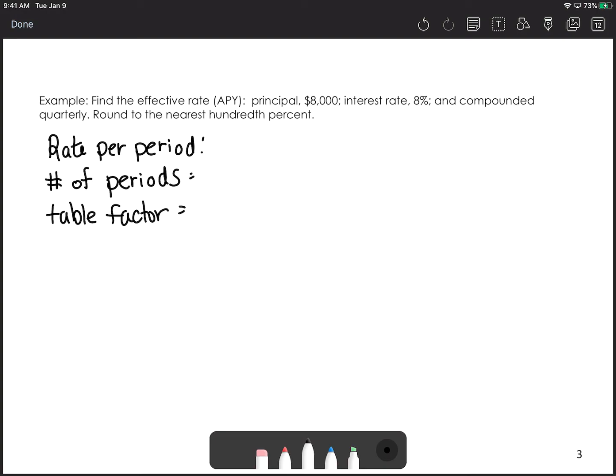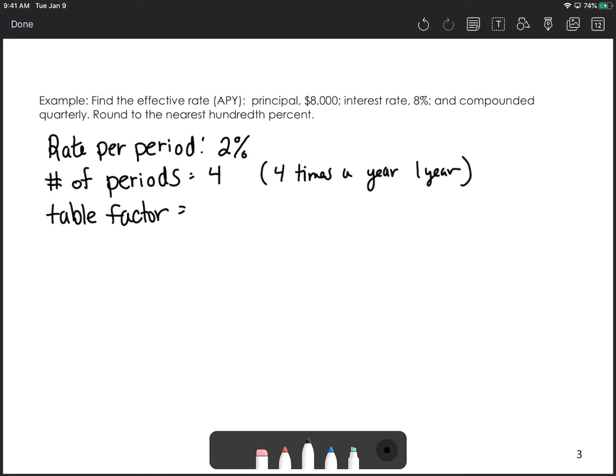Okay, so since it's 8% and it's compounded quarterly, we're going to take 8% and divide it by 4. So our rate per period is 2%. Now, since we're only doing this for 1 year, if we're doing it 4 times a year for 1 year, the number of periods will be 4. So I'll put in parentheses, 4 times a year for 1 year.